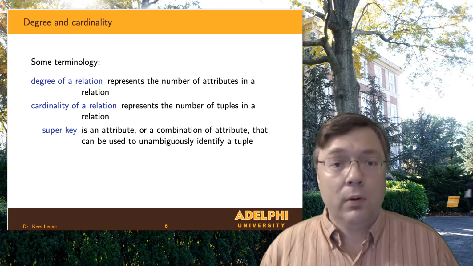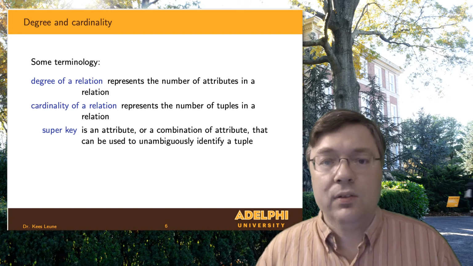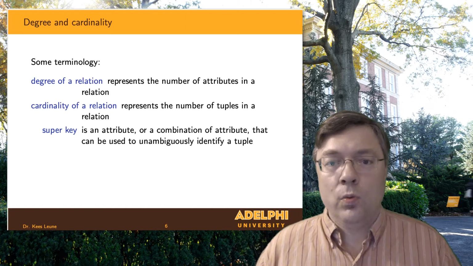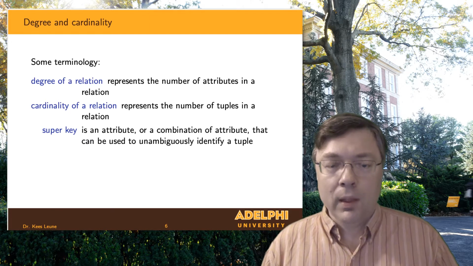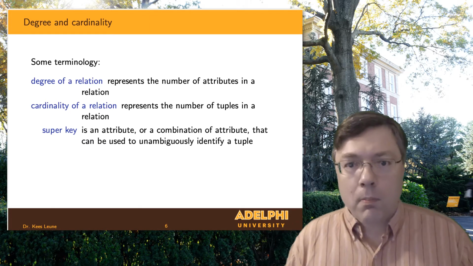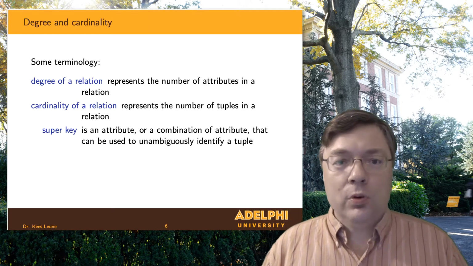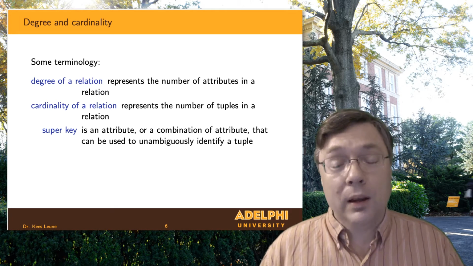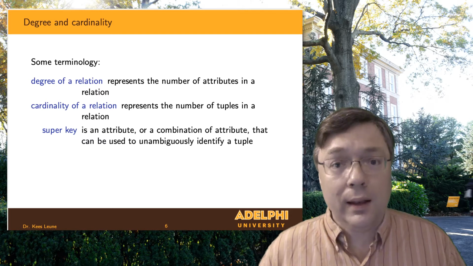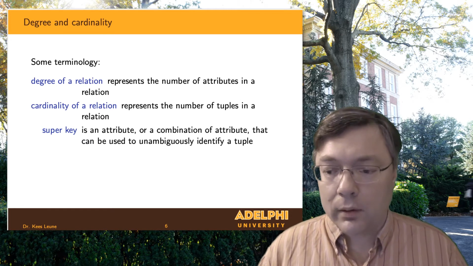The other option could be, okay, let's go with just the email address. Now, the email address has to be unique, has to be able to unambiguously identify. All relations must have an attribute or a combination of attributes that can be used to unambiguously identify a tuple in that relation. So keep that in mind.